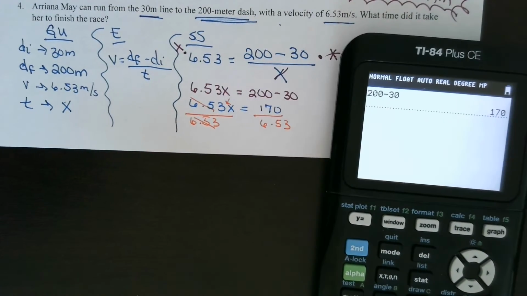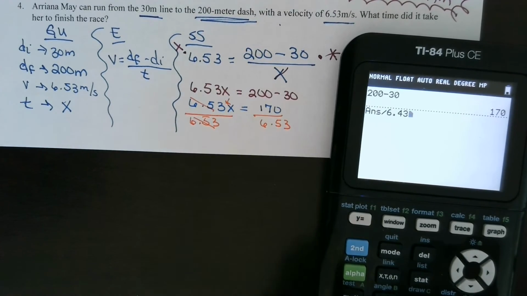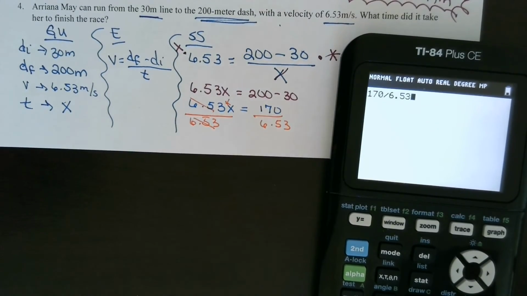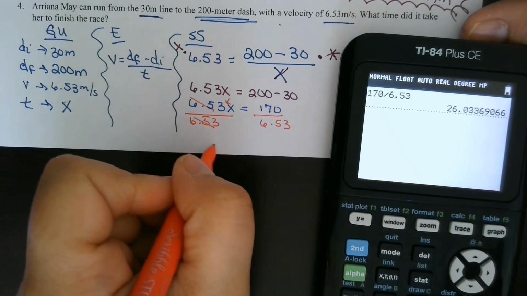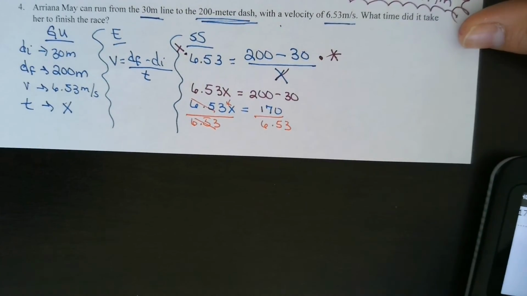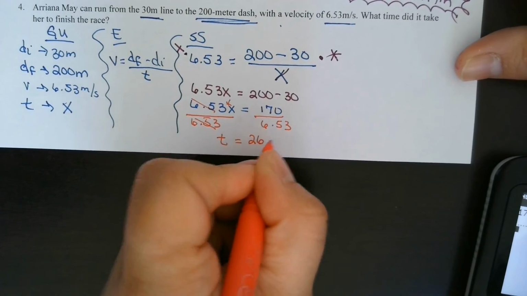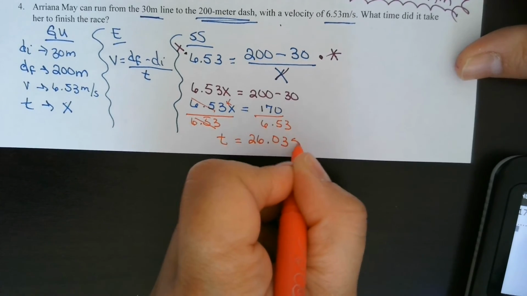Go ahead and put it in the calculator and pause the video. 170 divided by 6.53 is 26.03. So your time to cover all of this is 26.03 seconds.